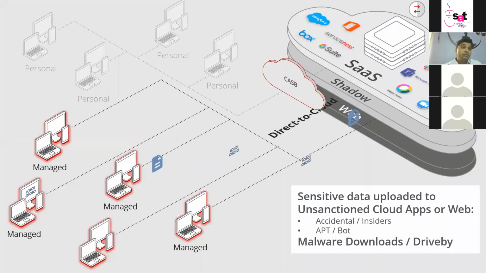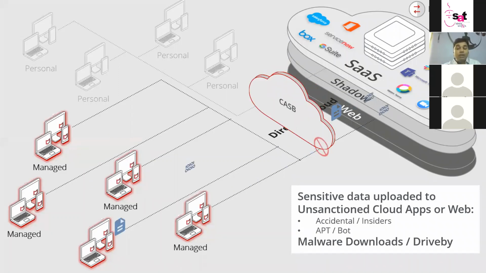Or even if they're not risky but they're not sanctioned, like Box or Dropbox, which your customers are using, if you're uploading any sensitive document there, prevent that upload from happening, because you're preventing data exfiltration to the unsanctioned cloud application also.